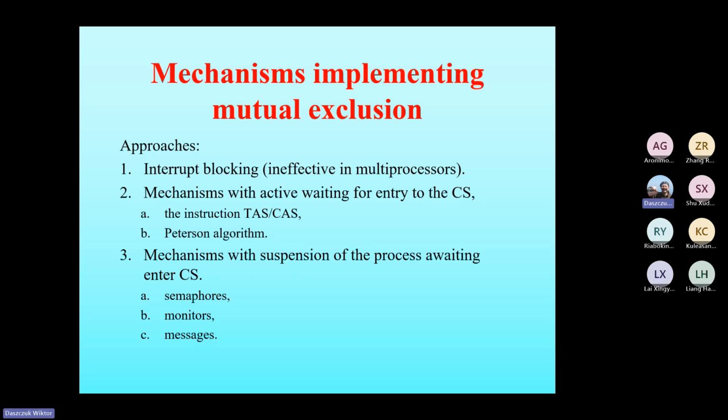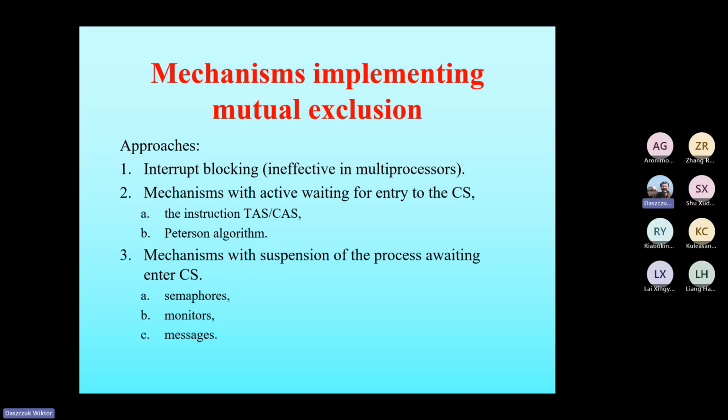But on a lowest level in the kernel, we cannot use the inactive waiting. Who will wake us? In the kernel, we can only use active waiting.